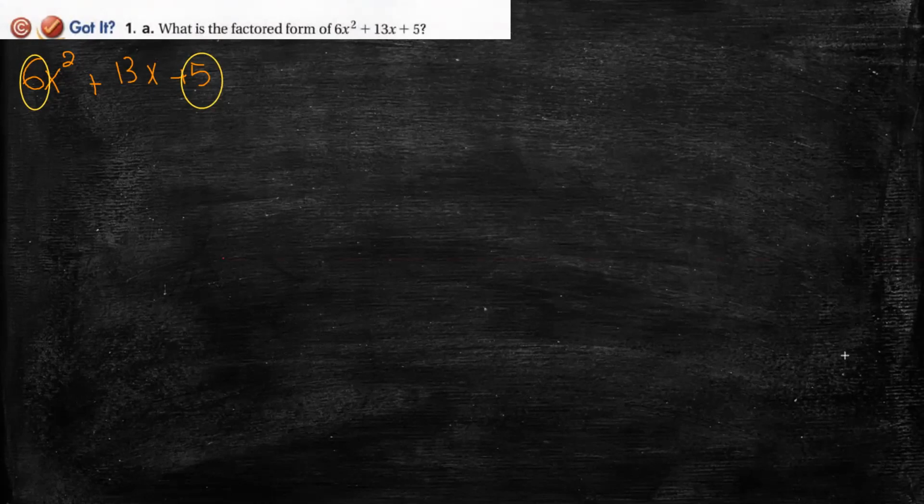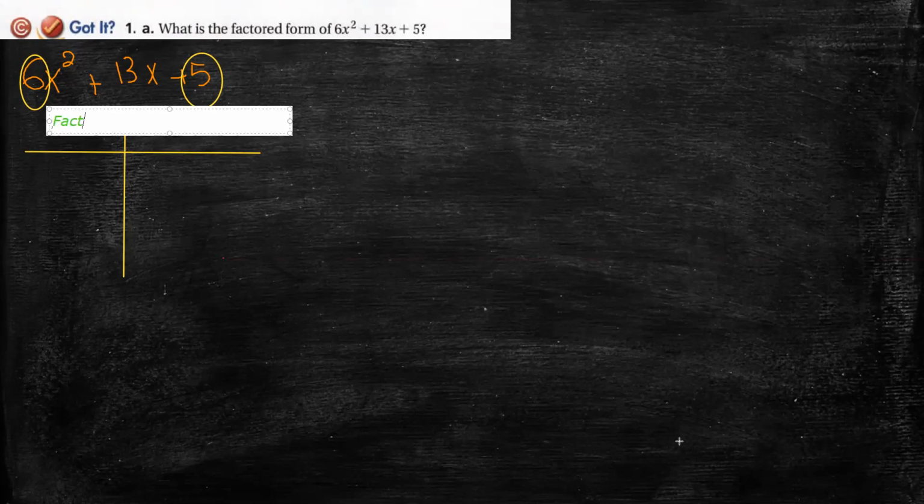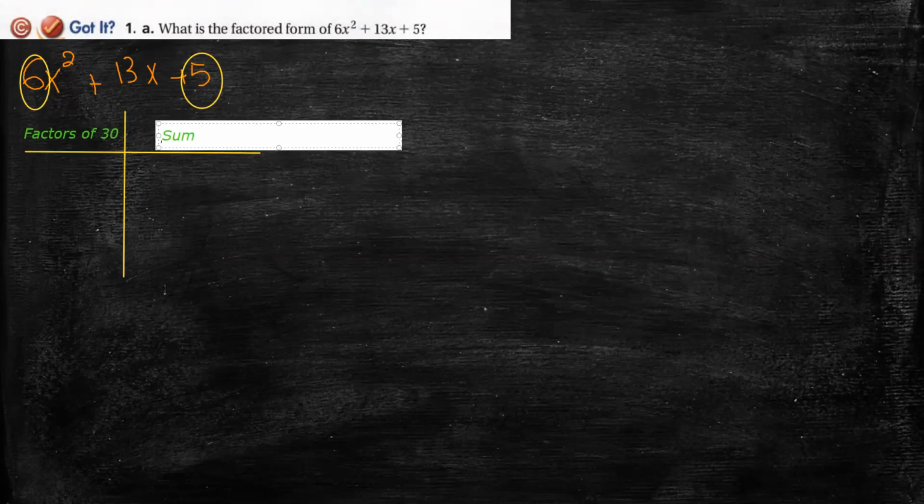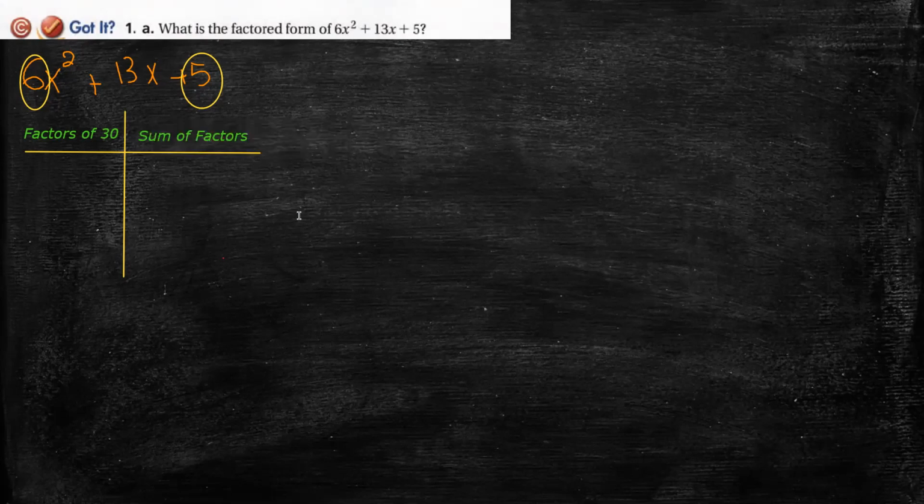Okay, they are 30. I will now draw a table. In this table here, we have to write the factors of 30, and then here we write the summation of factors. Why 30? Because I multiplied 6 times 5.